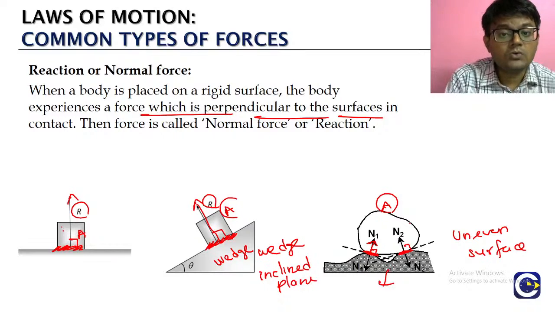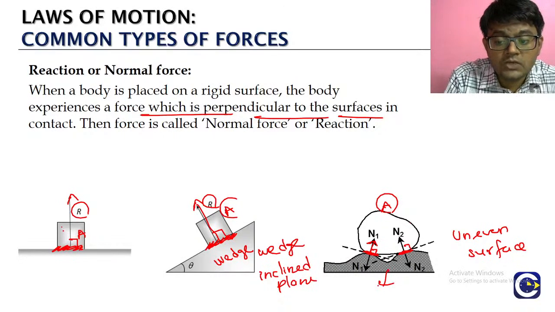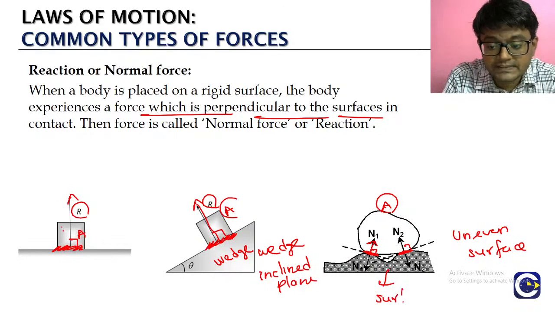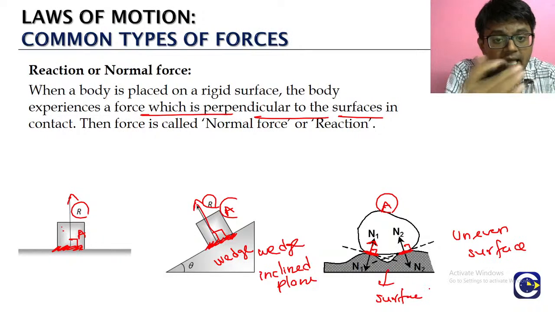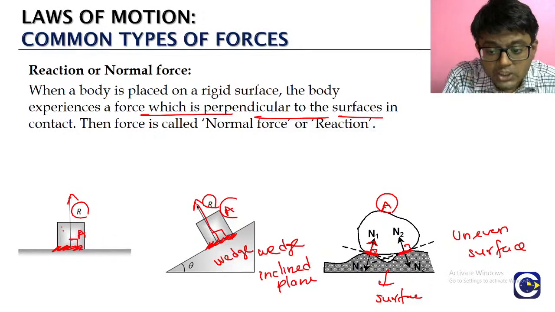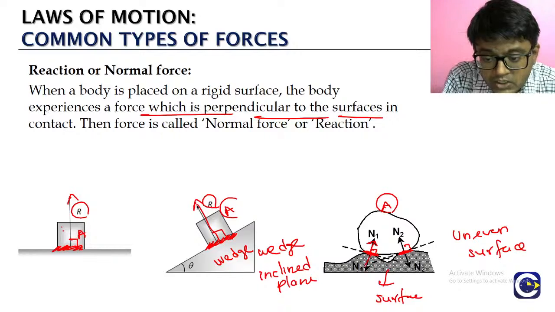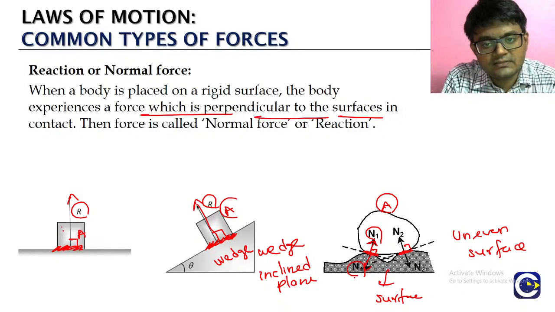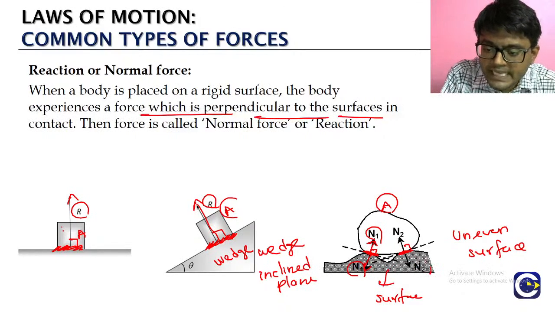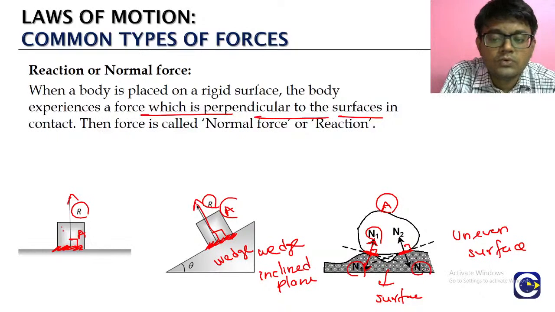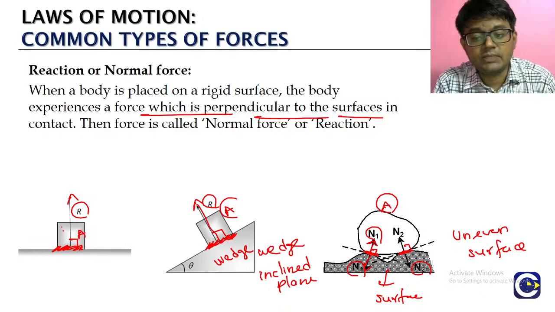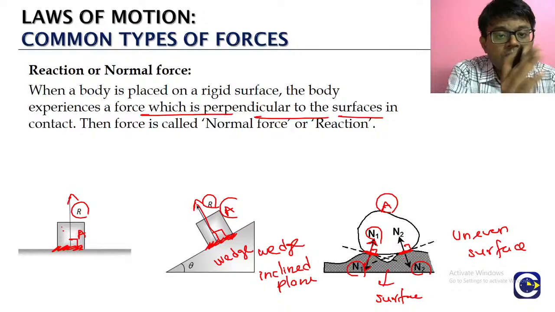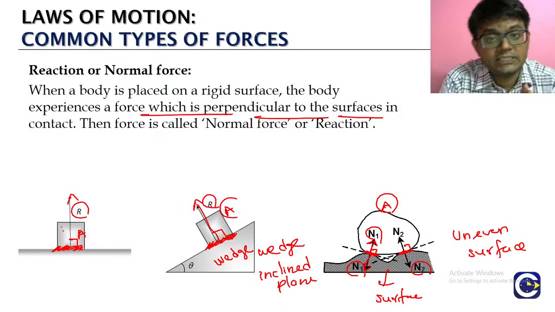Now if you want to know the normal reaction acting on the surface, because there is an action-reaction pair of forces, you look at it, the normal reaction acting on the surface here will be the same value N1, but in exactly the opposite direction. Here also, N2 on this side means N2 on the other side, but in exactly the opposite direction, because the two normal reactions form the action-reaction pair.